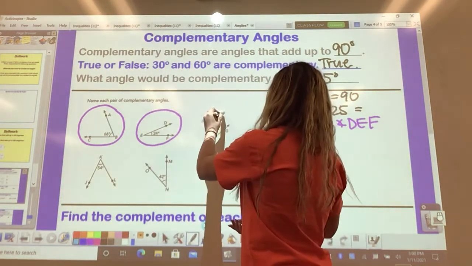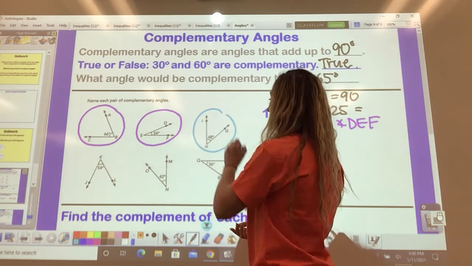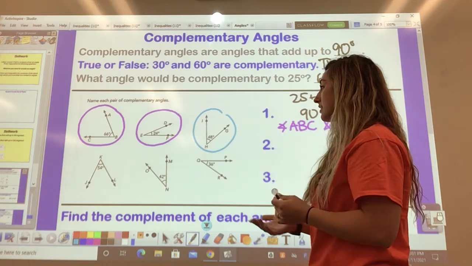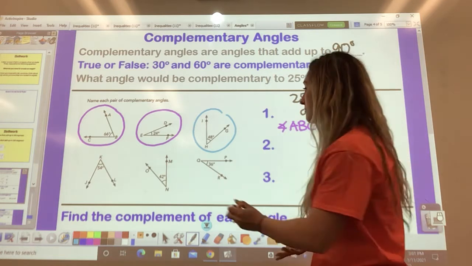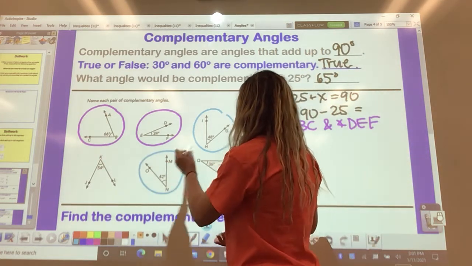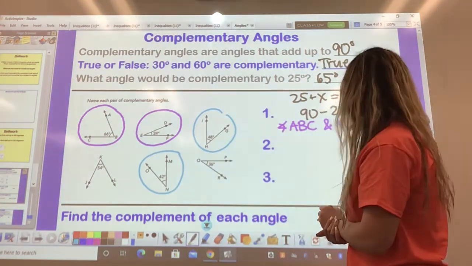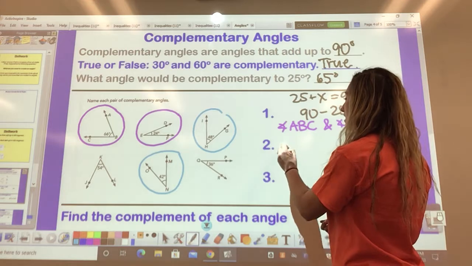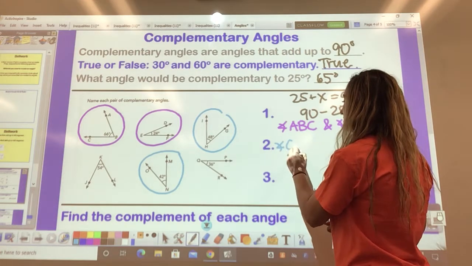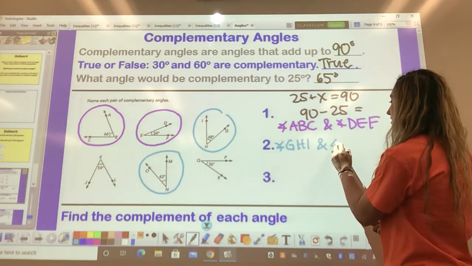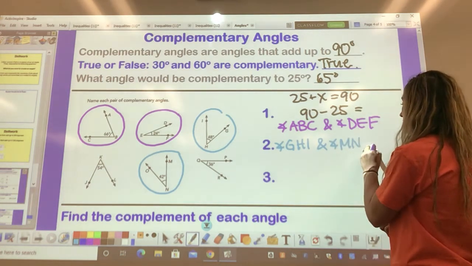Let's look at this one next. GHI is 48 degrees. So the angle that would get it to 90 would be 42, because 48 plus 42 does add up to 90. So angle GHI and angle MNO.